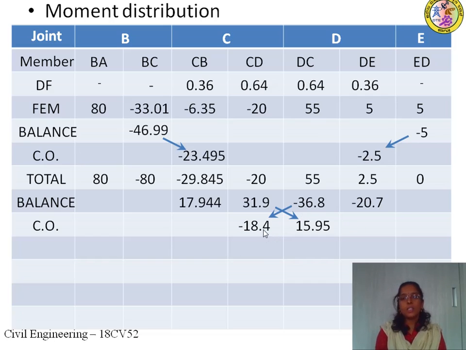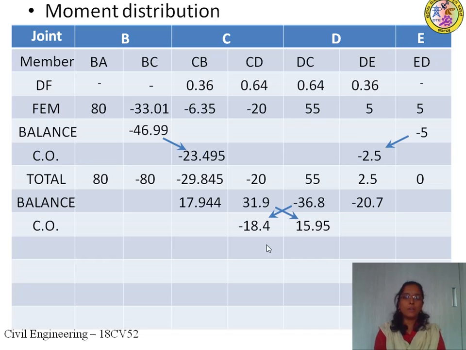Okay, so these are the carryover moments. You cannot transfer moment from CB to BC and from DE to ED. We have already balanced it. Don't go for balancing again from CB to BC and from DE to ED. Only you have to carry from CD to DC and that from DC to CD.